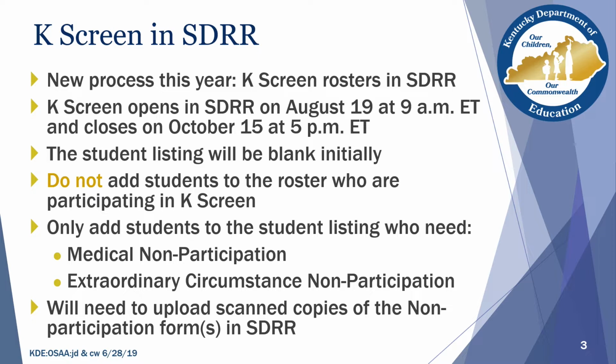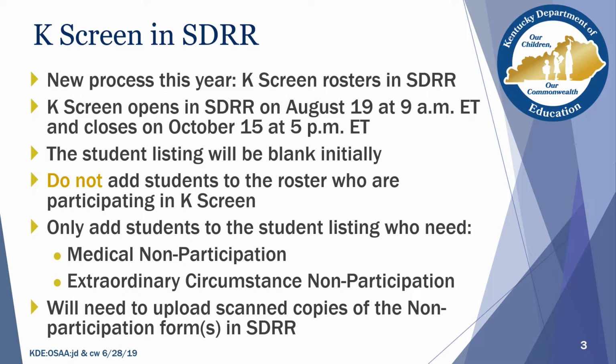Now, what are you going to do with K-Screen in SDRR? Well, it will initially be blank when you look at your student listings. If you need to file a non-participation for one of your kindergarten students on the Bergantz K-Screen, then you will have to add the students to the student listing. We'll talk about that process and how to add that student, and you'll see some screenshots of how to do this in SDRR.